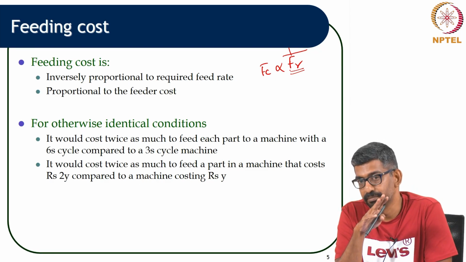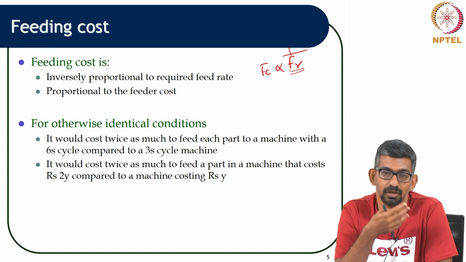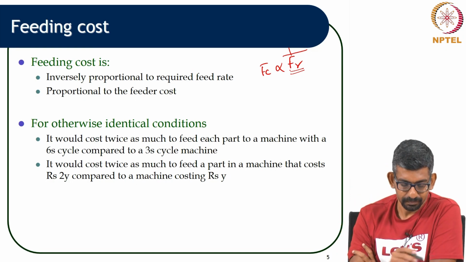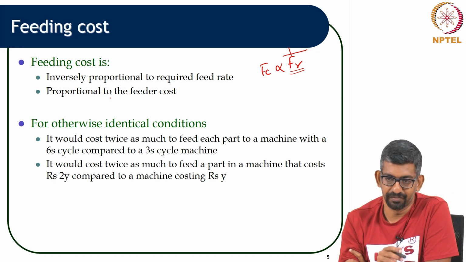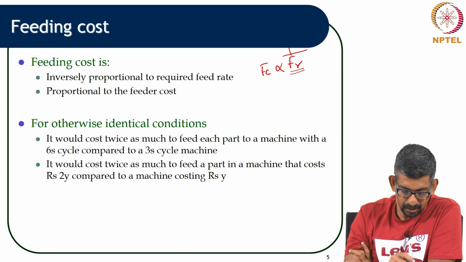Okay. Sometimes the machine capacity is higher, but we do not want that many components. So, we try to reduce the feed rate. And of course, it is proportional to the feeder cost. Okay. The rate at which you feed is what the feeder cost is.